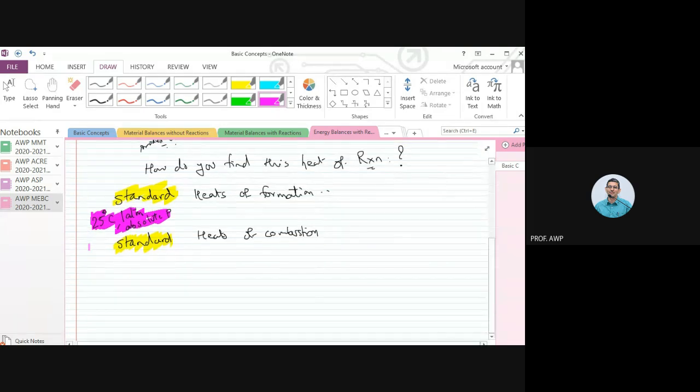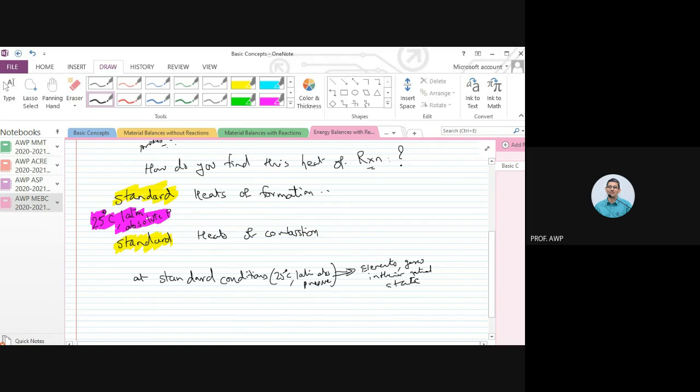So at the standard conditions, which means 25 degrees centigrade, 1 atmosphere absolute pressure, we are going to say that elements in their natural state, natural state meaning at these standard conditions, have zero enthalpy, isn't it?